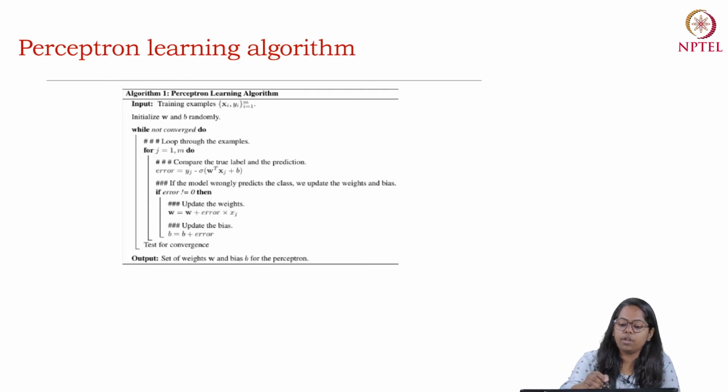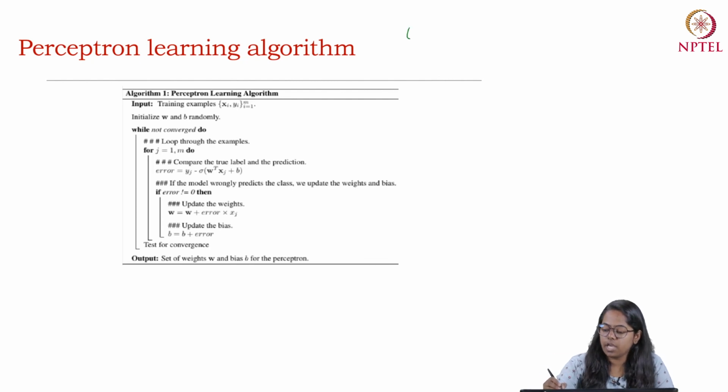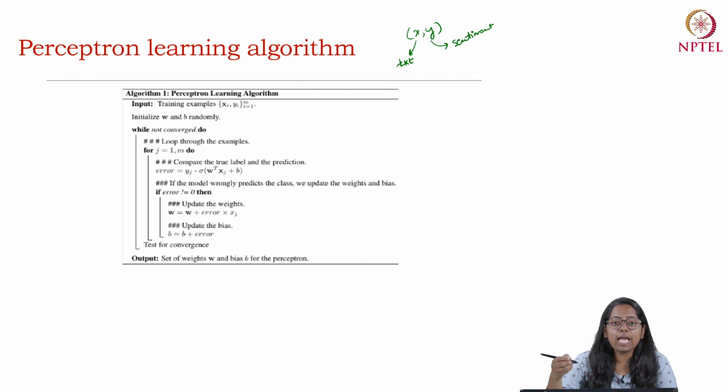For example, in this scenario we are given some X, Y pairs as input. Let us take sentiment classification: X would be the text whose sentiment is to be classified, and Y would be the sentiment class of this text X. It can happen that when we initialize the weights of the perceptron randomly, some sentiments that are actually positive in our ground truth are being classified as negative.